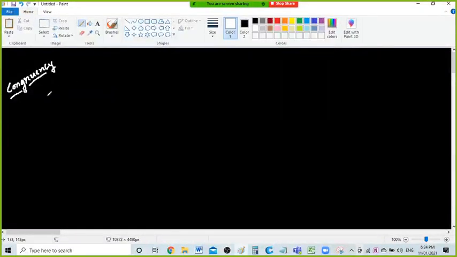It's about congruency. Now, what is this congruency, and what do we mean by congruent objects? See, if you put your palms over each other, they are completely superimposable, right?